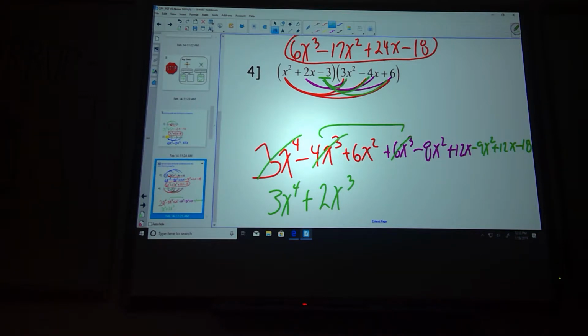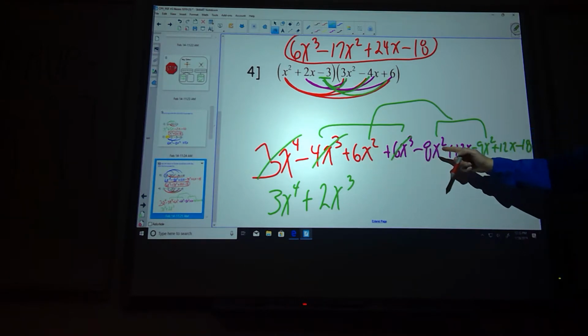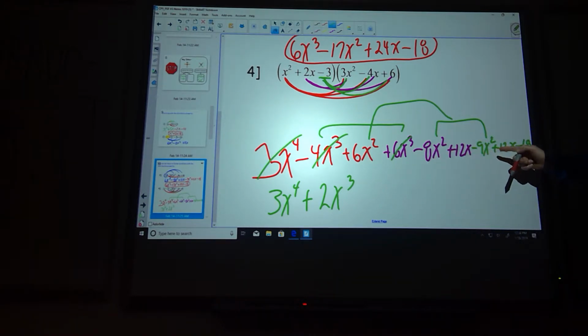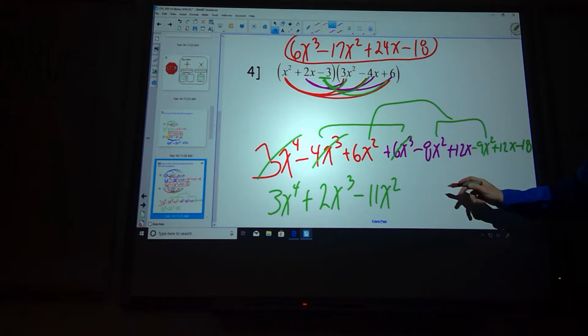And then what else? How many x squareds do I have? I have 3. I have this one, and then this one as well. So 6 minus 8 is negative 2. Negative 2 minus 9 is negative 11x squared. Cool.